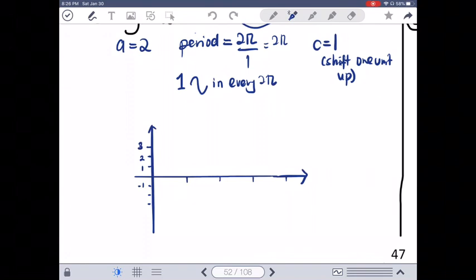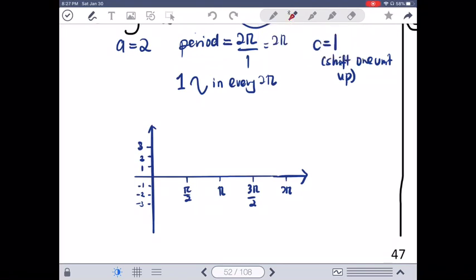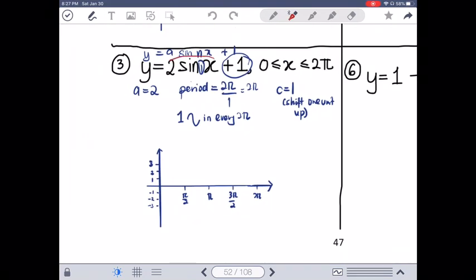So this will be negative 1, negative 2, negative 3, here 1, 2, 3, because we need to shift upwards 1 unit. As usual, this is 2 pi, 3 pi over 2, pi over 2, and we are going to have one S in every pi. So initially, we are going to draw 2 sine x.